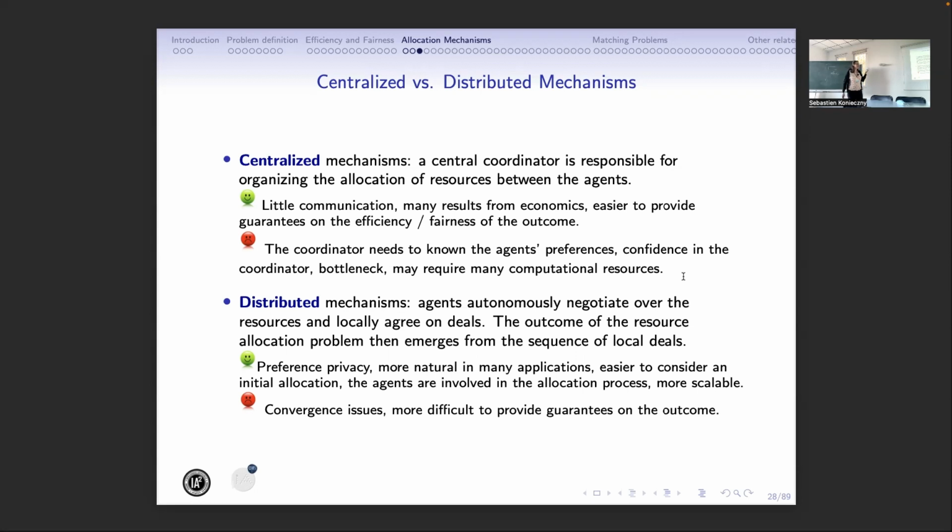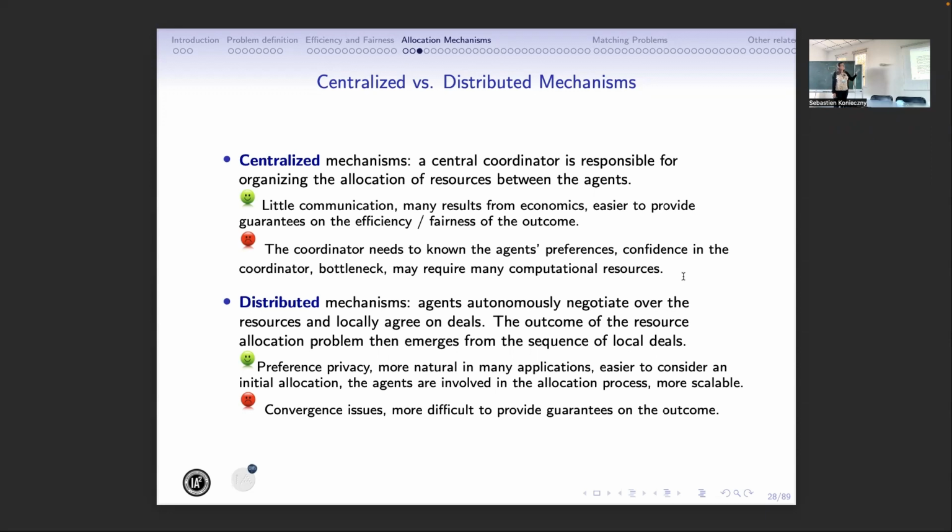So one of the advantages of such an approach is that the agents don't have to communicate their preferences. Preferences are kept private. It is more natural in many applications. So, for instance, if you think about bargaining in real societies, it's easier to implement this as a distributed mechanism.